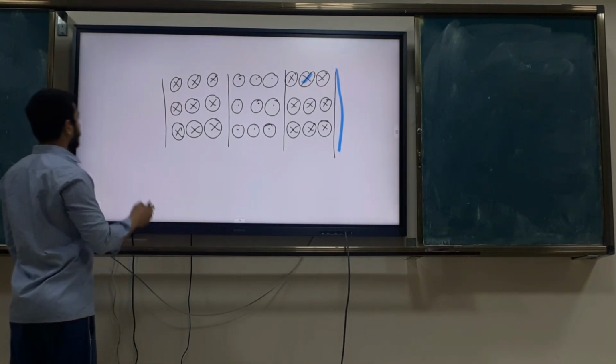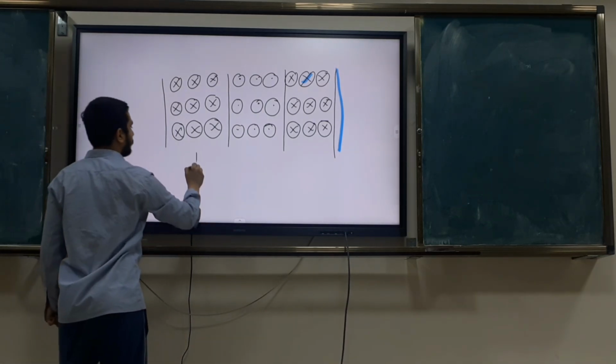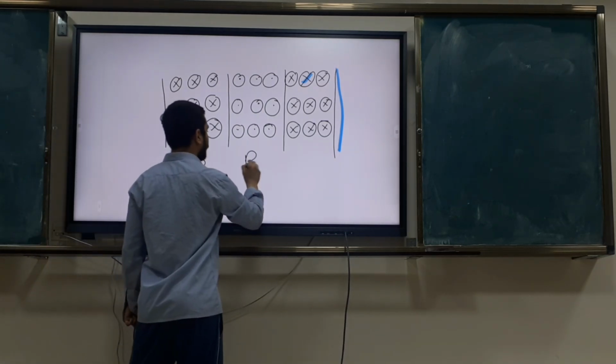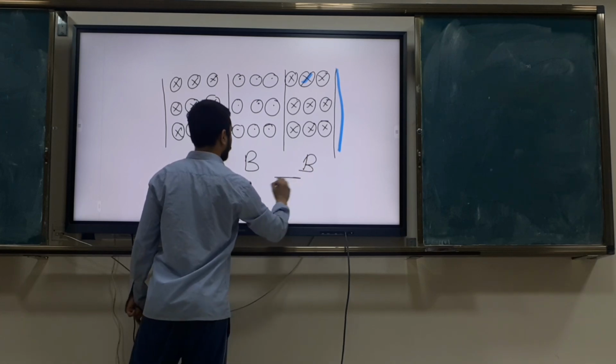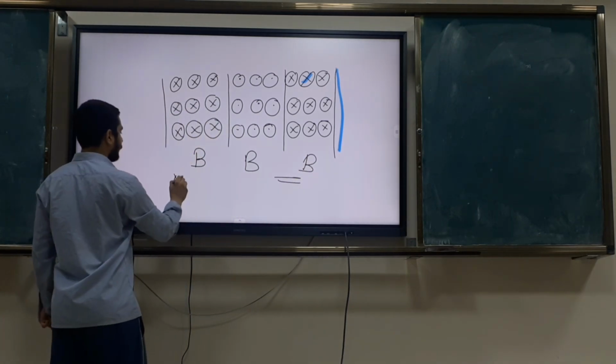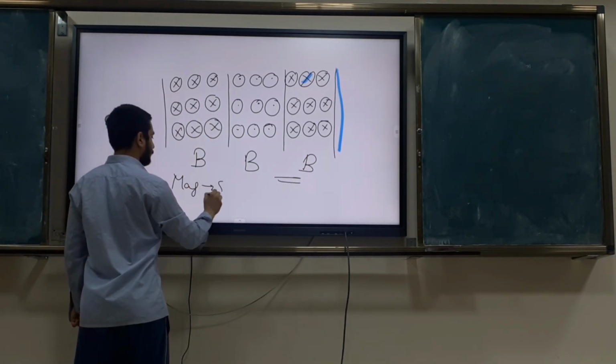Suppose the magnitudes are B, B and B, so the magnitudes of the magnetic fields are the same.